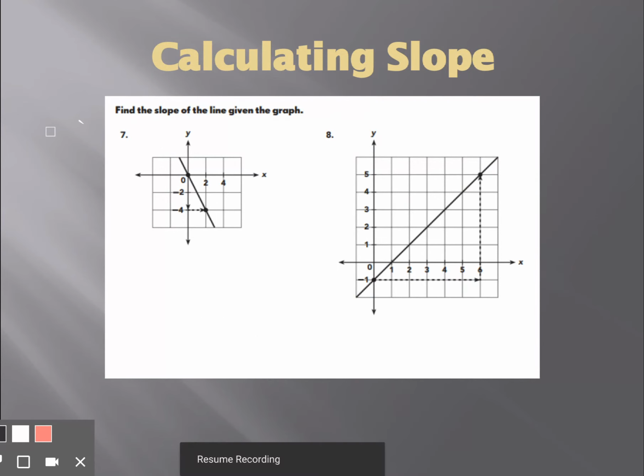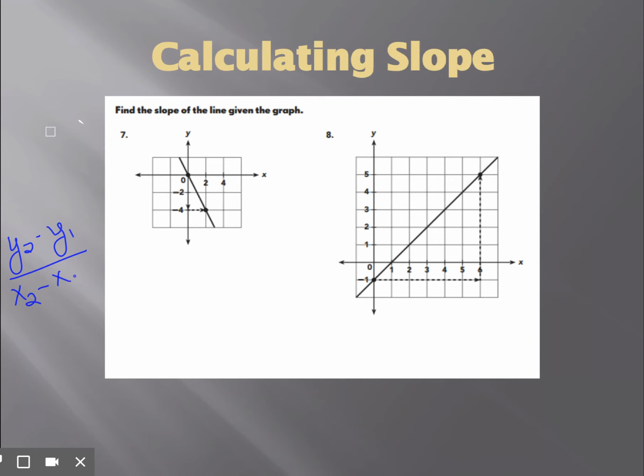All right, so number 7 and number 8. I'm going to give you the points again that I'd like you to use. They're labeled here, but I'll label them for you, and then I'd like you to calculate the slope. Again, write this formula down. Y2 minus Y1 divided by X2 minus X1. That just means from point 2 and from point 1. So point 1 here, use 0, 0.